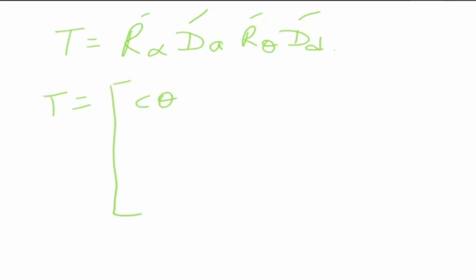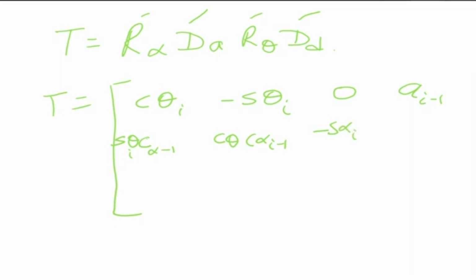cos theta i, minus sin theta i, 0, a i minus 1. So there is a convention of writing a i minus 1 and i. Here it is sin theta i cos alpha i minus 1, cos theta i cos alpha i minus 1, minus sin alpha i minus 1, minus sin alpha i minus 1 d i.